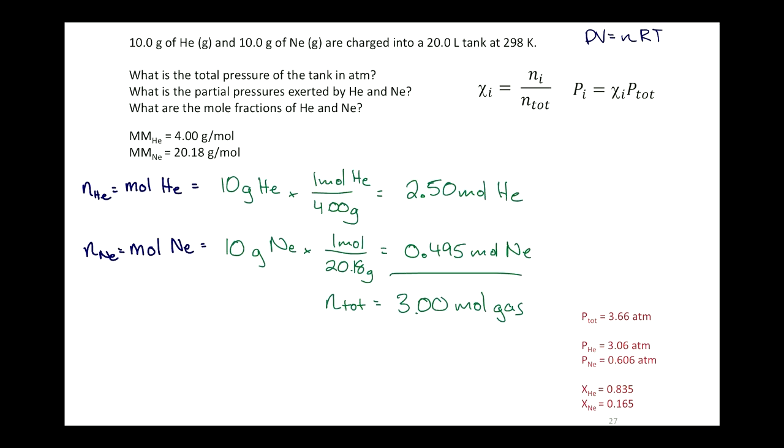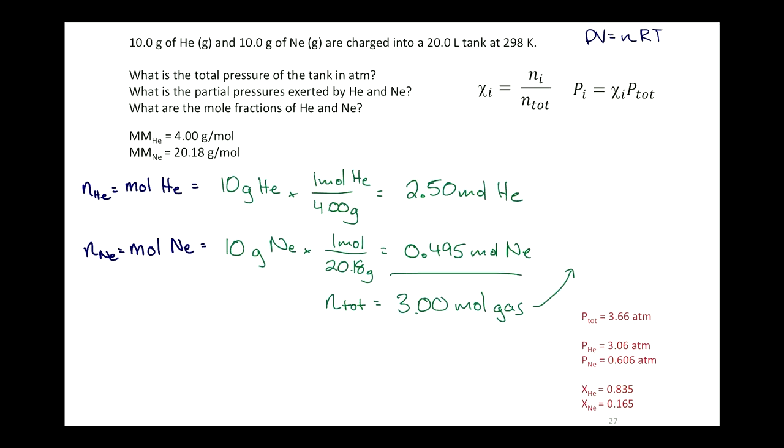So if I go ahead and use the ideal gas equation with N total, using 3 moles in place of the N, what would I be calculating? What pressure would I calculate if I use N total here? Would I be calculating a partial pressure? No, I would be calculating the total pressure of the entire system.